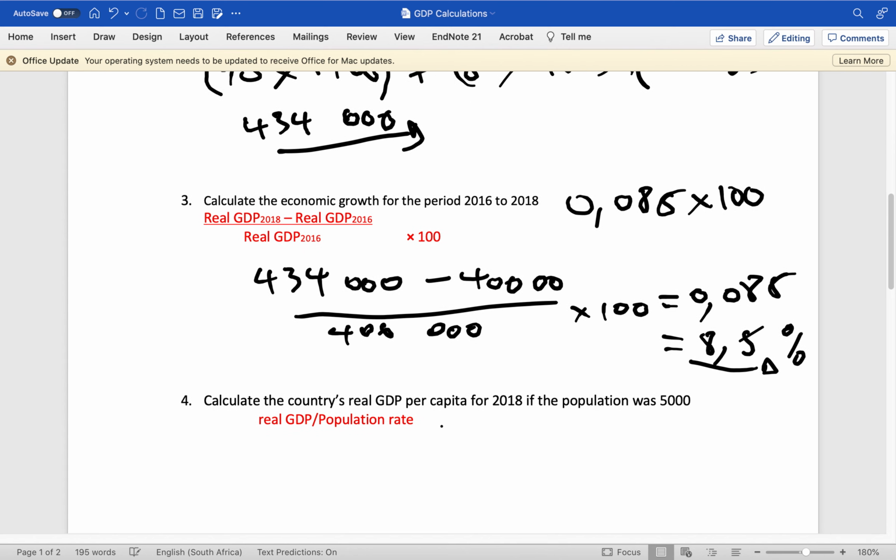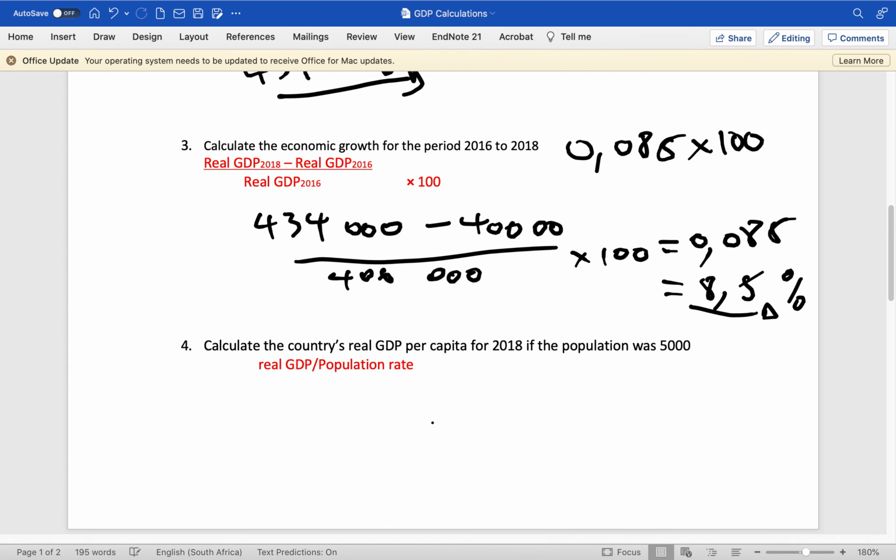Now, for question 4, you will also calculate the country's real GDP per capita for 2018 if the population rate was 5,000.